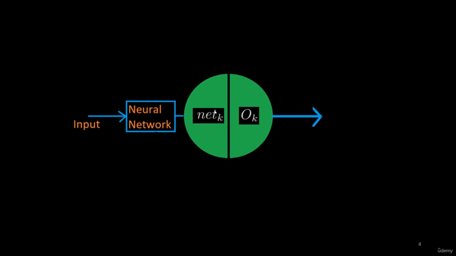And when we have net k, o k is just the activation of net k. That is, if we have a sigmoid function as an activation function, then after calculating net k, we have to calculate the sigmoid of that net k in order to get o k. So if our activation function is sigmoid, then o k is the sigmoid function of net k. That is, o k is the activation function of net k.